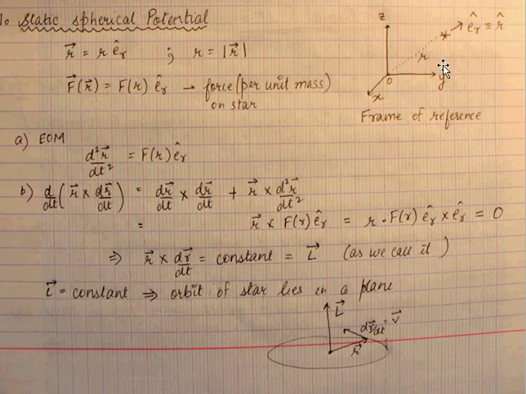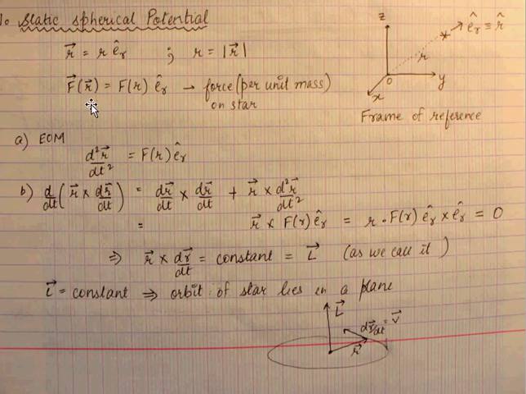Suppose this is your frame of reference and your star sits at r radius distance away, right? So this r vector over here is the coordinate of the star, right? And since it's a spherically symmetric potential, the potential depends only on r, the radius away from the center, right? Your center is over here.